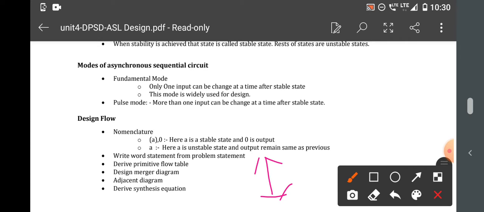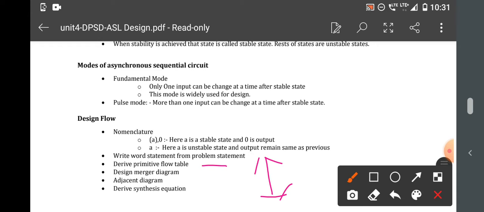Every item says how the flow of information occurs. With that particular word statement, we try to convert it into a flow diagram. This flow diagram is represented with respect to initial input and output values. This flow diagram will help us develop a primitive flow table.